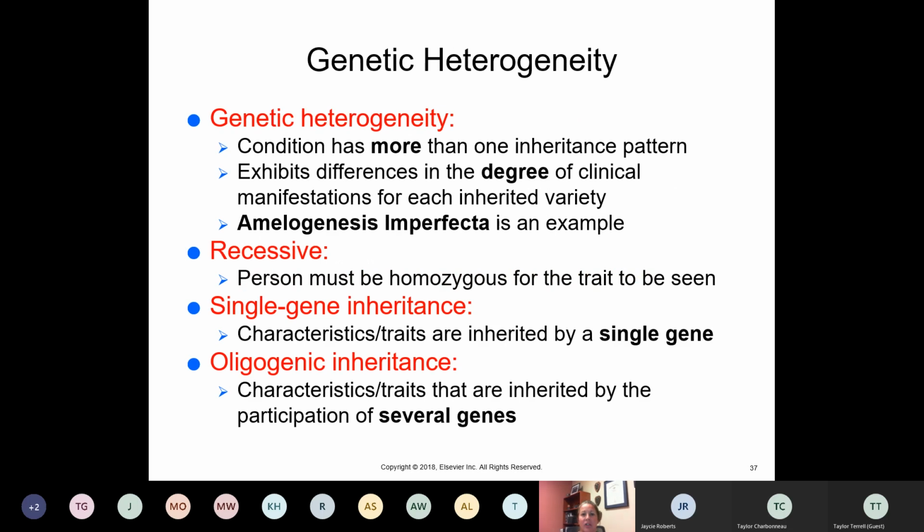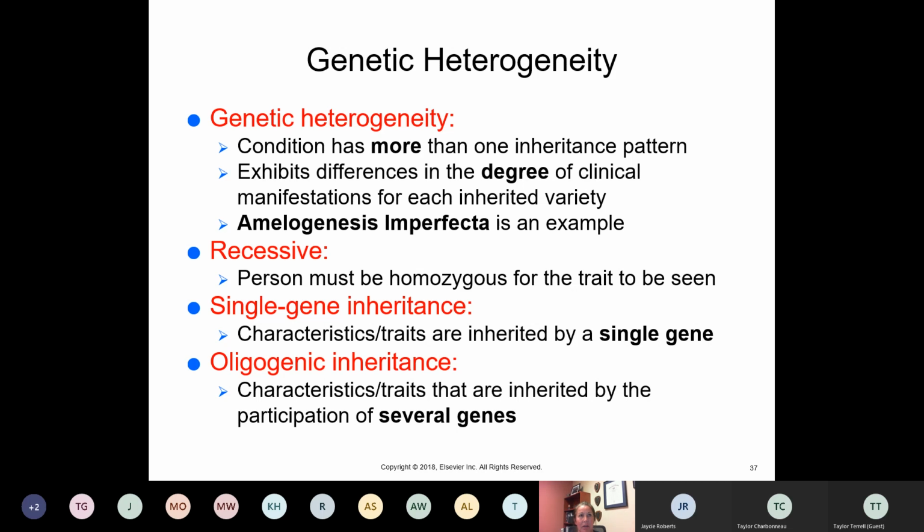All right, so genetic heterogeneity is a condition that has more than one inheritance pattern. So it'll exhibit differences in the degree of clinical manifestations for each inherited variety. So one generation might show a really strong expressivity, and another one may not show as much.